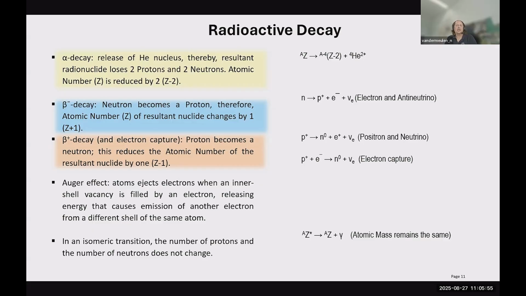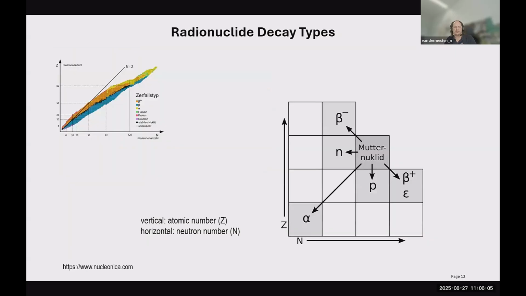And then, of course, we have positron decay, and this is generally used for the diagnostic side of things, which we use in our radiometal application.